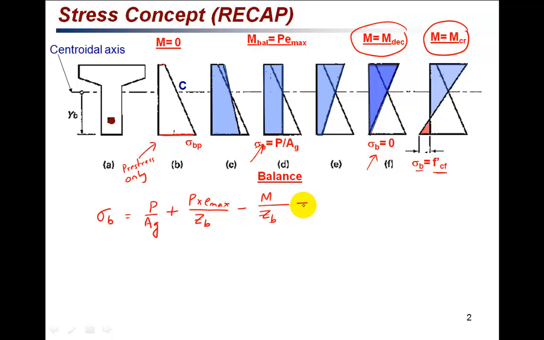So if it is to be equal to the uniform compression stress at the balance point, P over A, this will cancel out. That means that the balance moment M balance is equal to the prestressing force multiplied by e max.